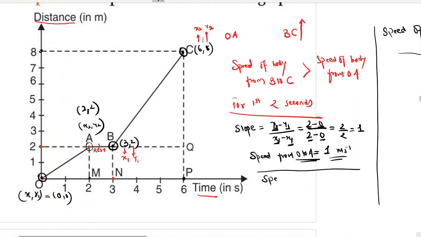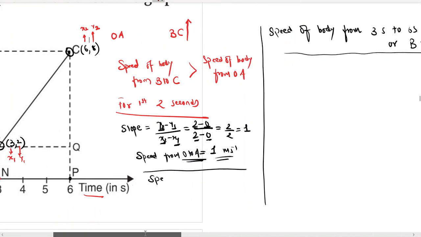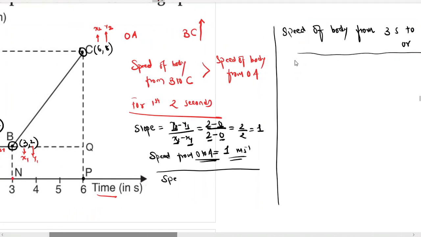Let's find the slope or speed of the body from B to C. So slope is equal to rise upon run. So y2 minus y1 is the rise, and x2 minus x1 is the run. I discussed this in the last class.